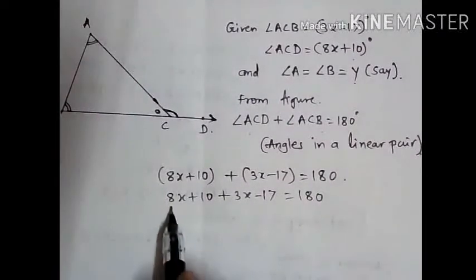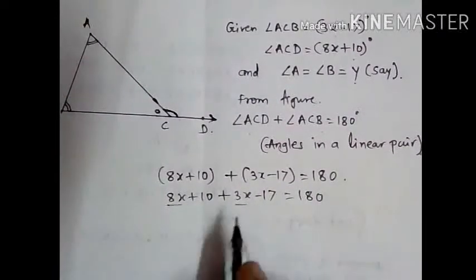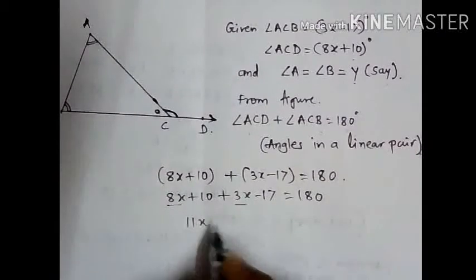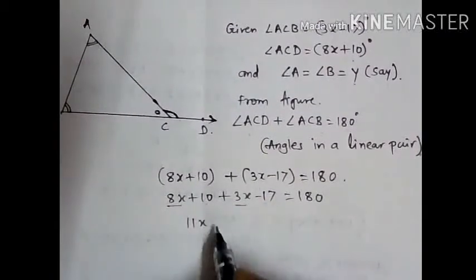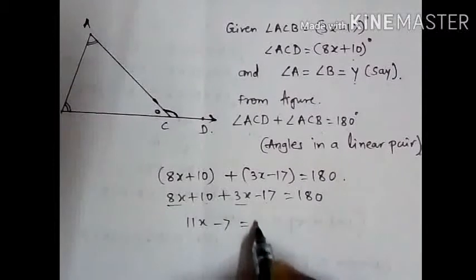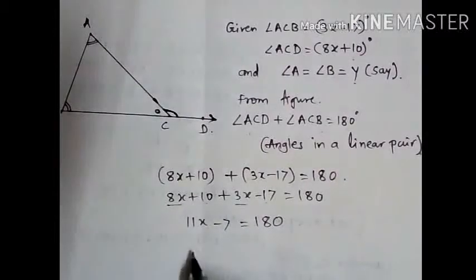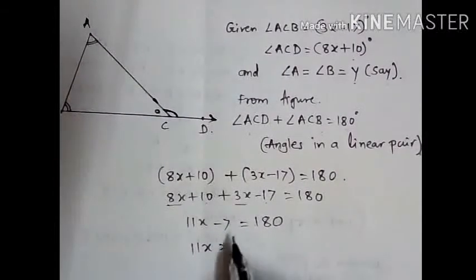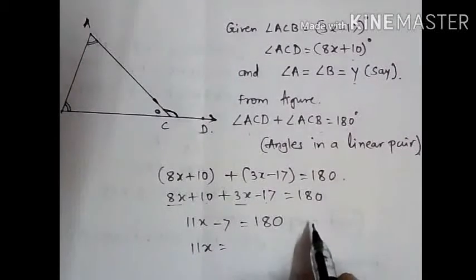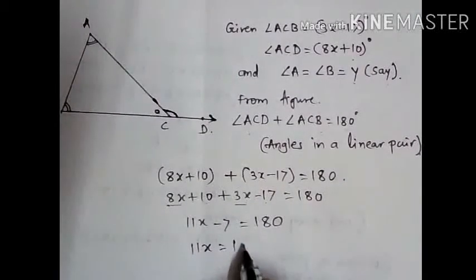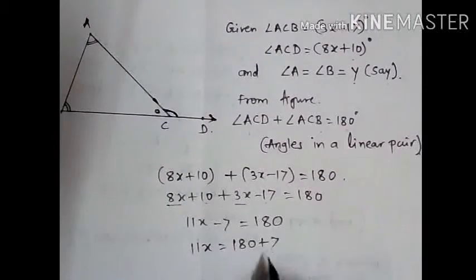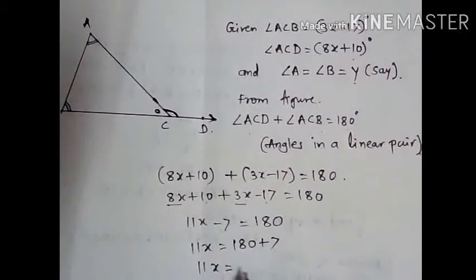Now add these two terms, 8x plus 3x, that is 11x. 10 minus 17, that is minus 7, is equal to 180. Therefore 11x is equal to, now this minus 7, taking it to the right side, becomes plus 7. 180 plus 7. Therefore 11x is equal to 187.